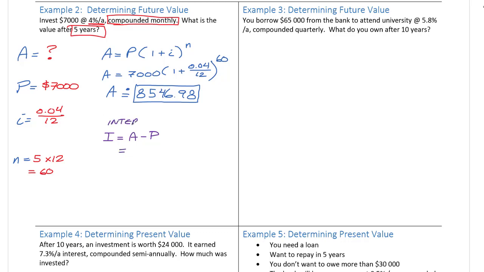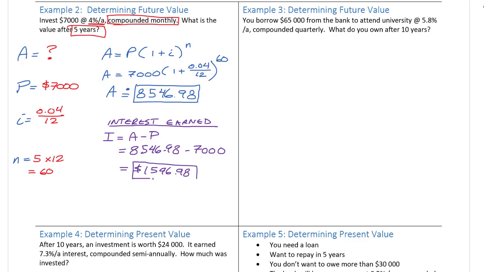The interest earned. I want to calculate that for each question that comes up. How much interest was earned? A minus P: 8,546.98 minus the $7,000 they originally invested. It's gone up by $1,546.98. So that's how much they got for investing their money.